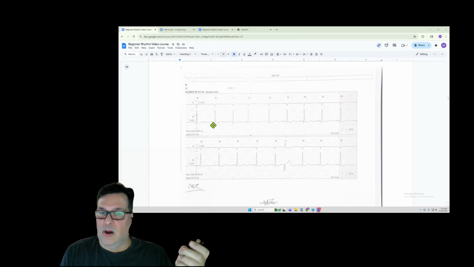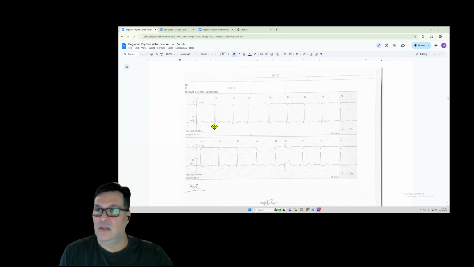So these we're going to call the SA node because they're positive and they're going down through the heart, right? Where this P wave here is biphasic, below and above the baseline. So this P wave, it tells me, is starting lower in the atrial chamber. So it has to go back up first to tell the atrial chamber what to do, and at the same time, that impulse is going down also.